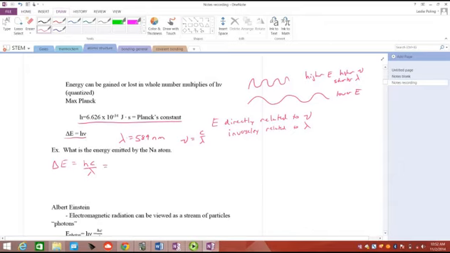So we have 6.626 times 10 to the minus 34 joules times seconds times 2.9979 times 10 to the 8th meters per second. So the seconds cancel.